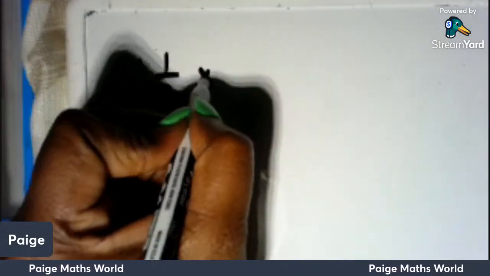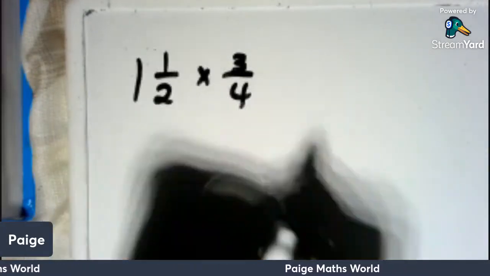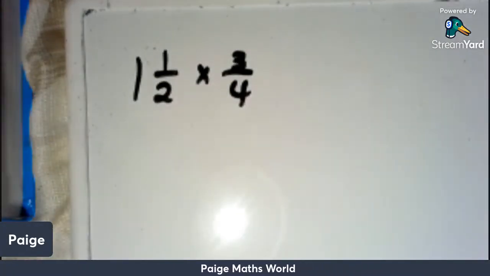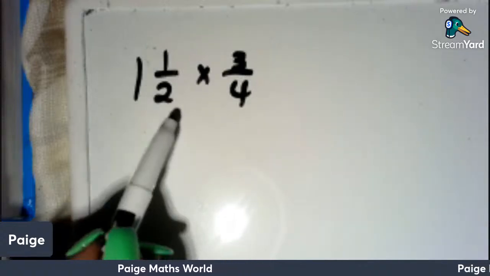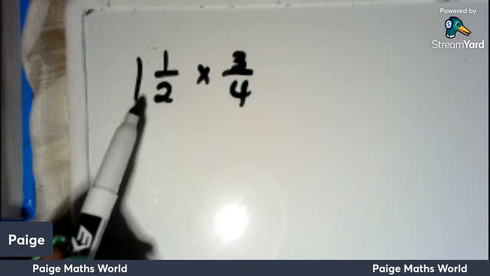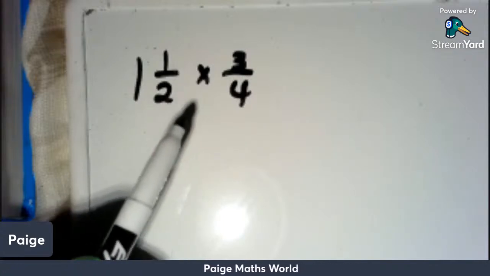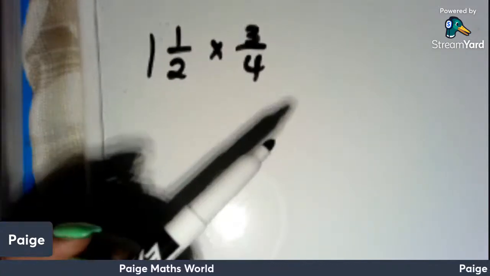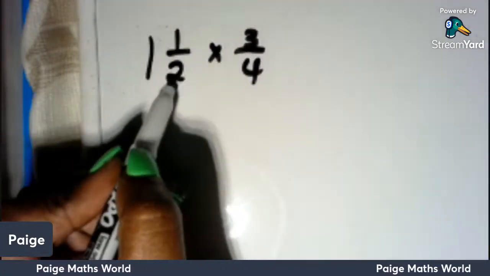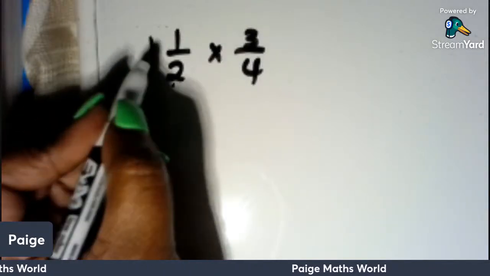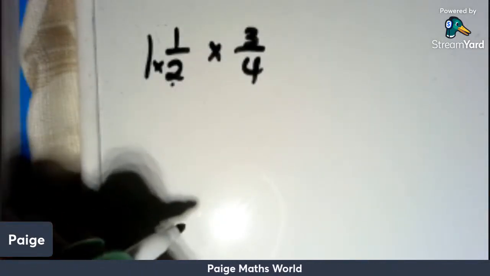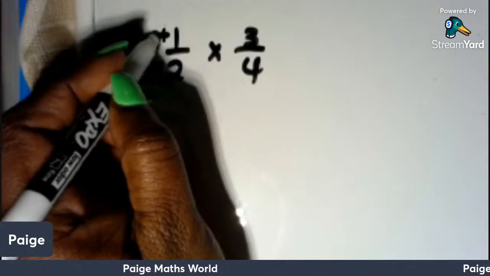So we're multiplying 1 and 1 over 2 times, say, 3 over 4. Once you're multiplying a mixed fraction, it's easier to get this mixed fraction into an improper fraction. How do we convert that? We always say we multiply the denominator by the whole number, and then we add the numerator.